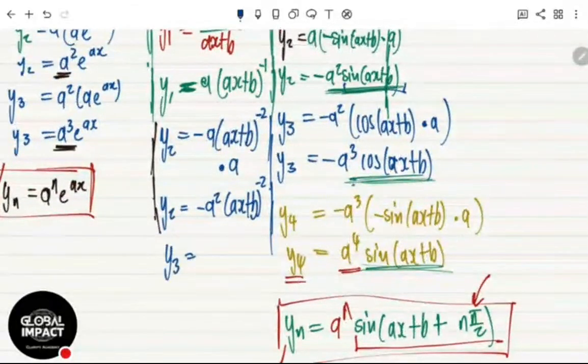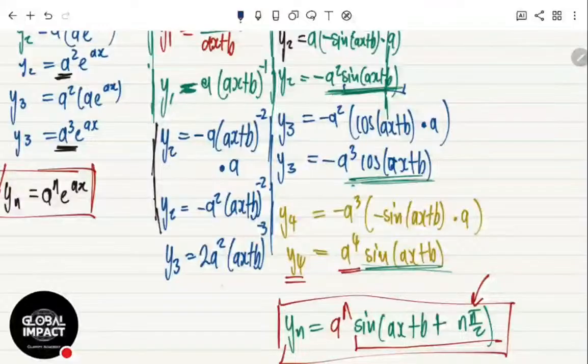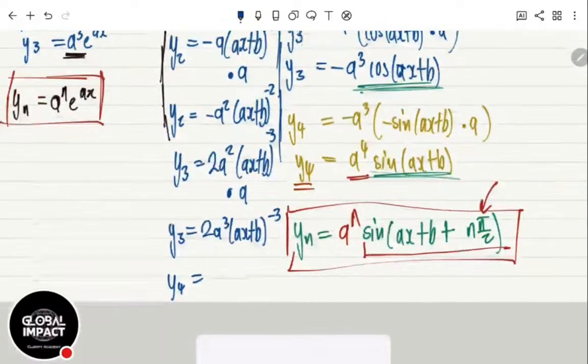Let me get y3 now. You drop down the negative 2, it becomes 2a squared, then ax plus b to the negative 3. We've dropped the power and reduced it by 1. Then we multiply by the derivative of the inside, which is a. You have y3 equal to 2a cubed multiplying ax plus b to the power negative 3. Then we can now get y4. For y4, drop the power again.